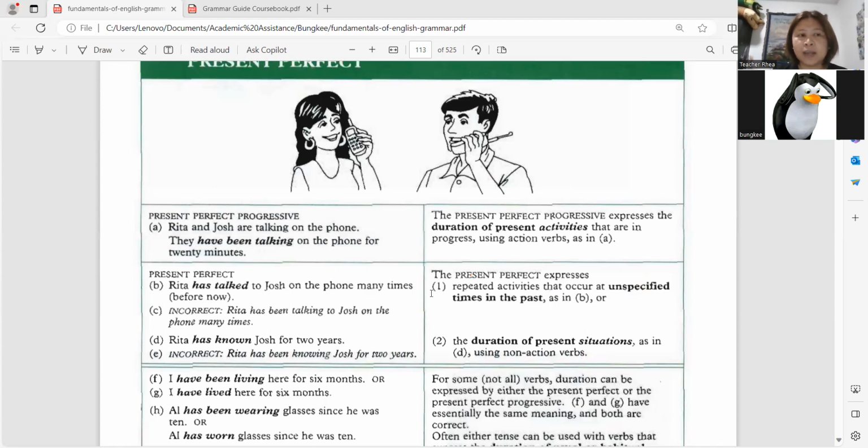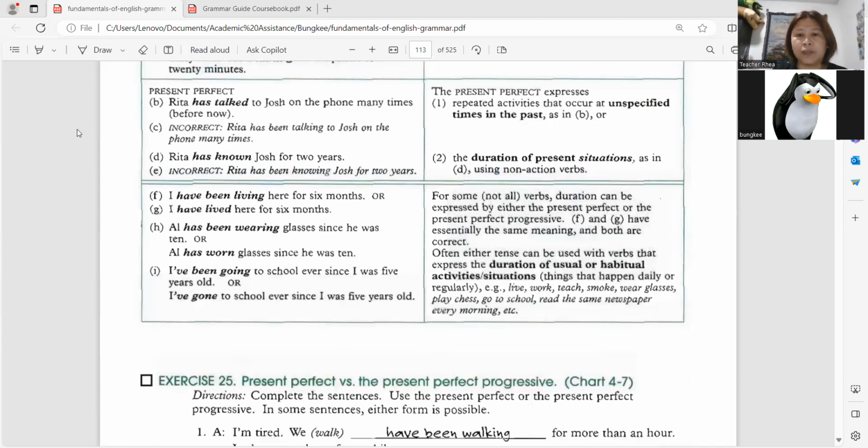Next is here. For some verbs, not all verbs, duration can be expressed by either the present perfect or the present perfect progressive. So it can be correct if you use either one. They have the same meaning, so both of them are correct.